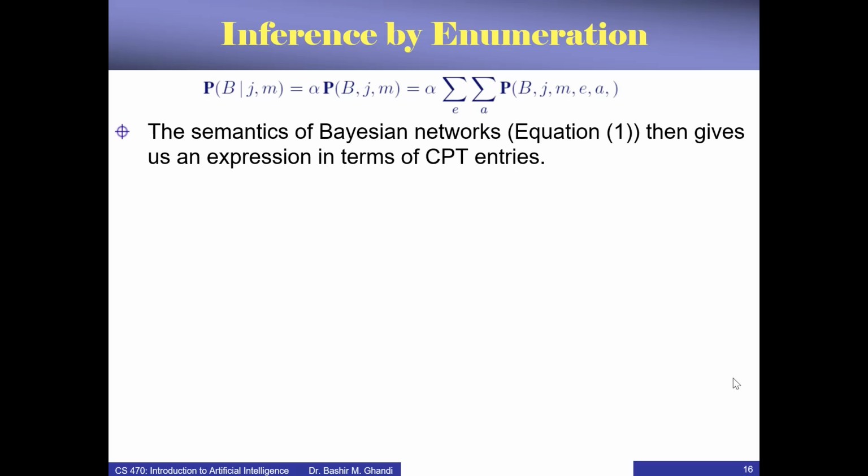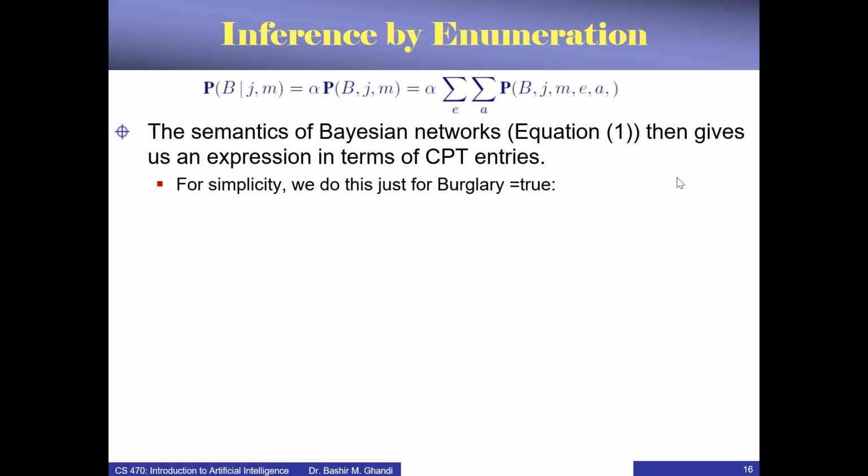Now the semantics of Bayesian networks, equation 1, already gave us the meaning of P of B, J, M, E, A. Basically, we just need to multiply the product of each of these probabilities given its parent. This is what equation 1 says.